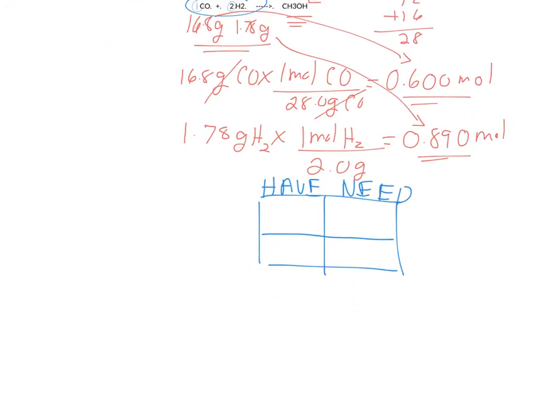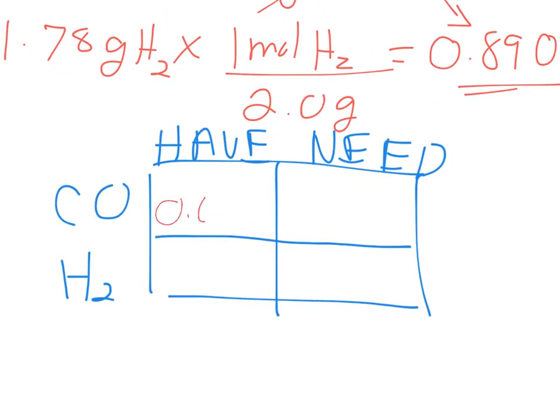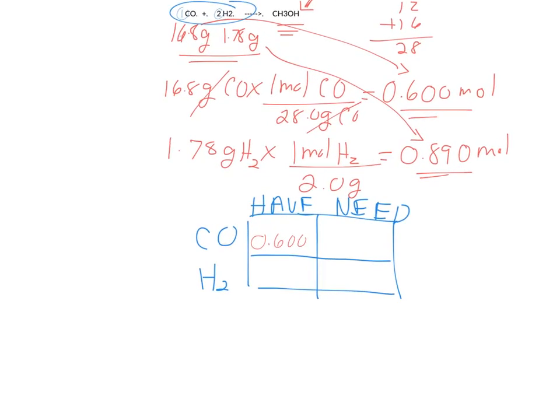All right, so my two reactants are carbon monoxide and hydrogen. And it's important that you realize that in this box, you have to put how much you have in moles. So remember, the carbon monoxide was 0.600, and the hydrogen was 0.890.